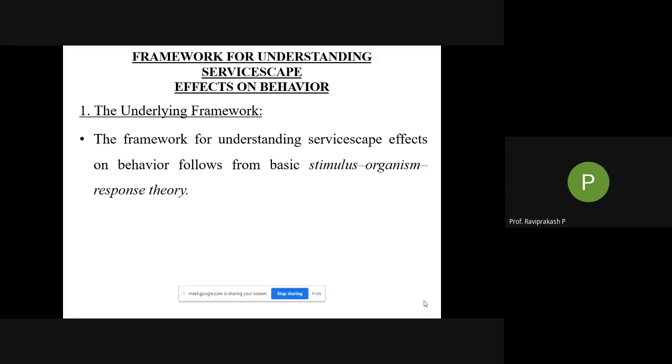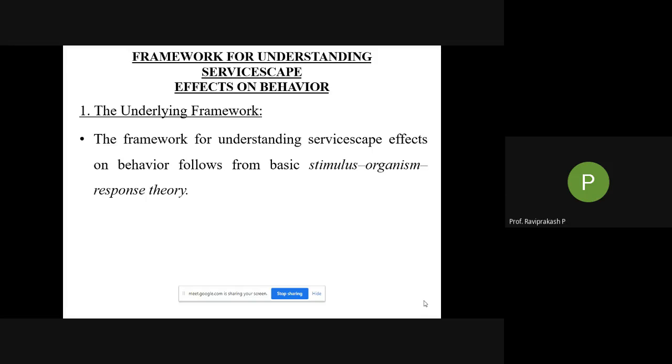So a similar theory works here: the stimulus, organism, and response theory. In the framework, the multidimensional environment is the stimulus. Why do we call it multi-dimensional? Because we have light, at times we have music, we have different things we are feeling and touching.